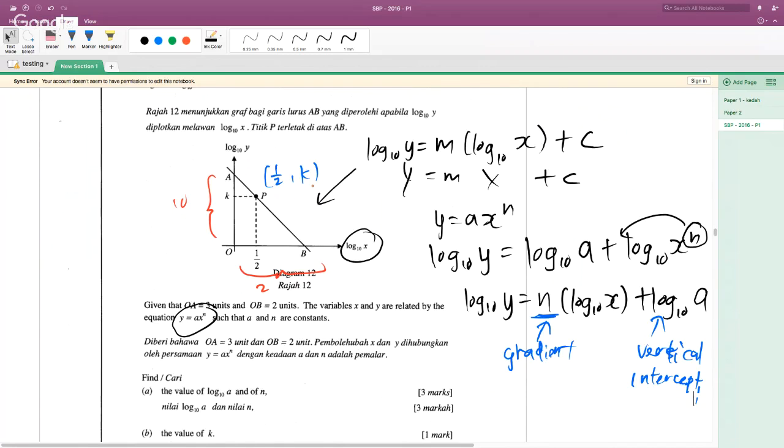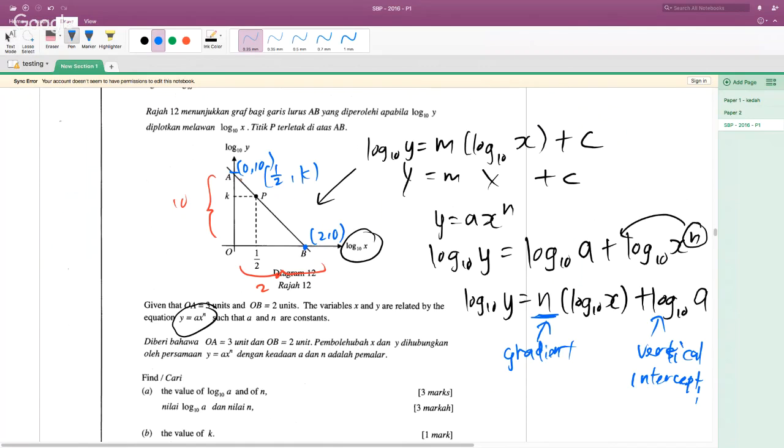What can we do? Let me see. Oh, okay. He actually gives you the unit thing, actually telling you the coordinates. This one basically is 2, 0. Because AO is 10 units, right? So this one is 0, 10. All right, so then it will be easy.